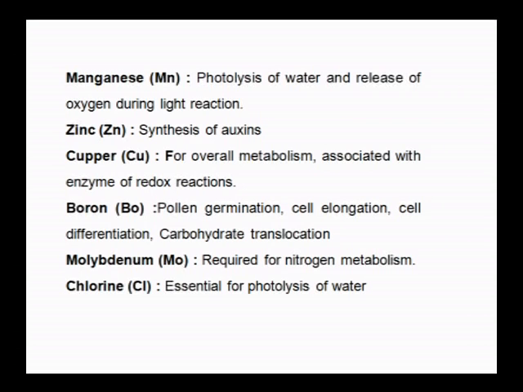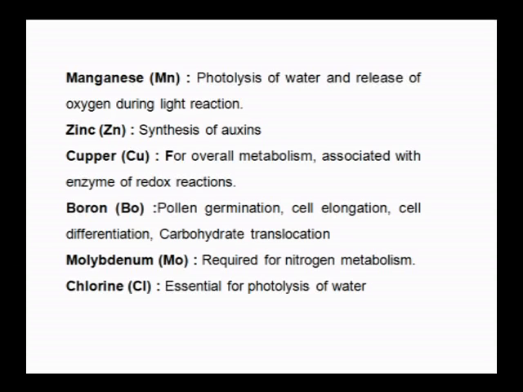Manganese is one of the micronutrients, helps in photolysis of water during non-cyclic photophosphorylation of photosynthesis and release of oxygen during light reaction. Zinc helps in synthesis of the phytohormone called auxin.